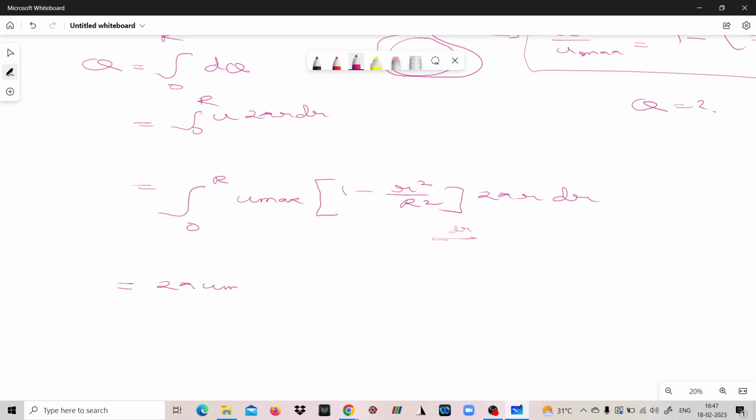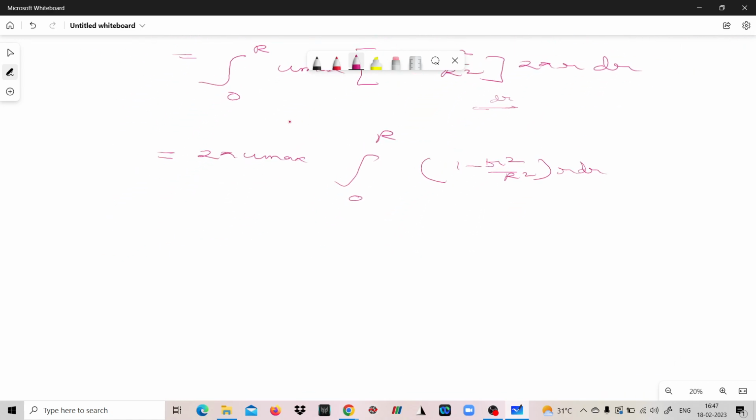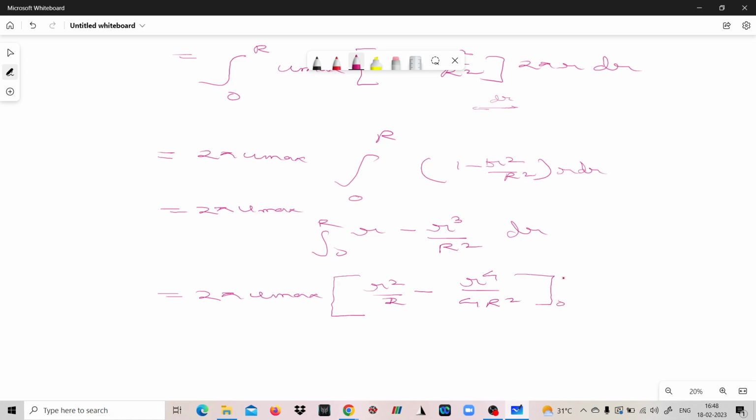So 2 pi u max will directly come outside the integration, 0 to R of 1 minus r square by R square into r dr, or what you can write, 2 pi u max integration from 0 to R of r minus r cube by R square dr. Integration of r will be r square by 2, and this will be r 4 by 4 R square, and the integration is from 0 to R.